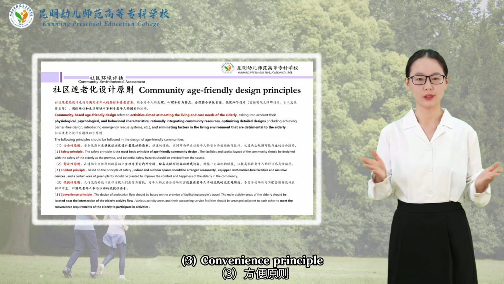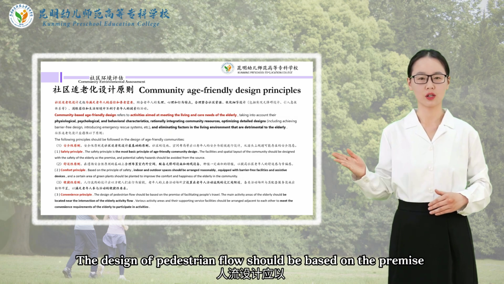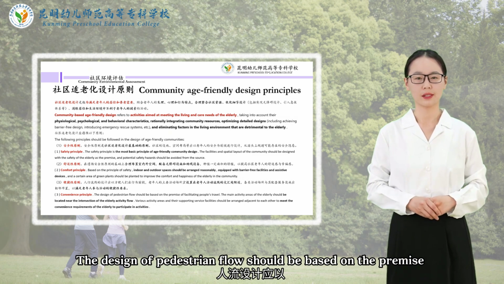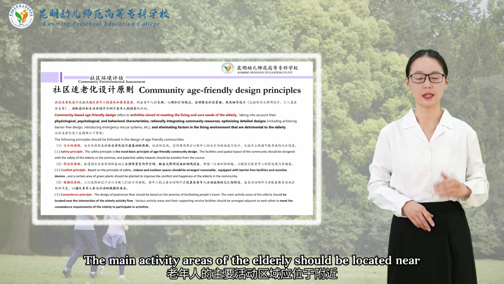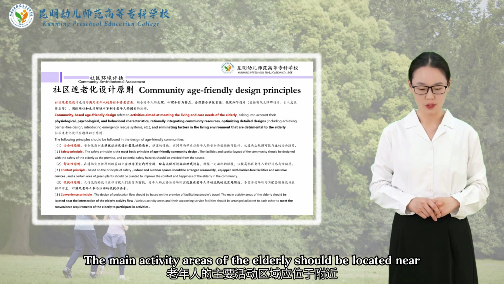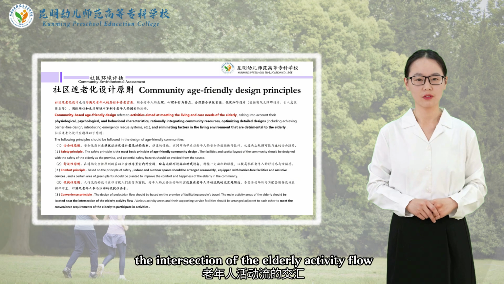3. Convenience principle. The design of pedestrian flow should be based on the premise of facilitating people's travel. The main activity areas of the elderly should be located near the intersection of the elderly activity flow.